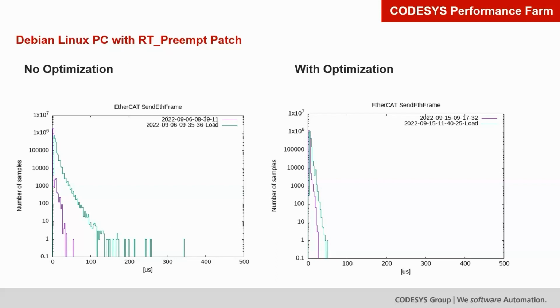And here you can see that we were able to improve the send Ethernet frame function from 350 microseconds to about 50 microseconds by kernel optimizations. This is not the end. There are still other optimizations which we can do, but this is by now actually a quite good improvement.